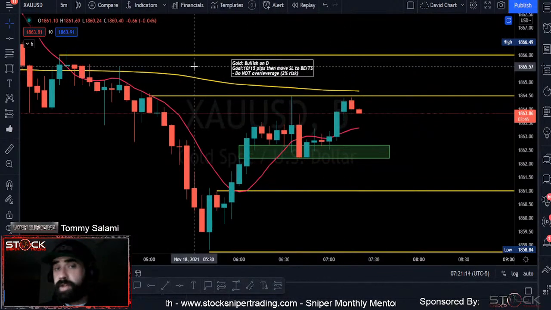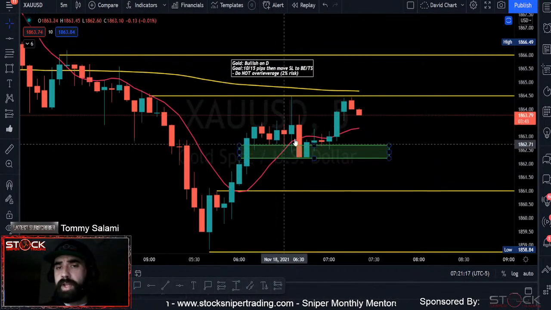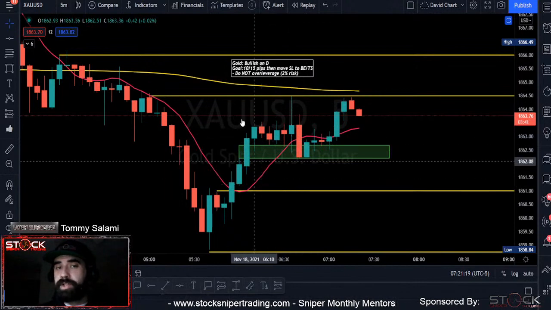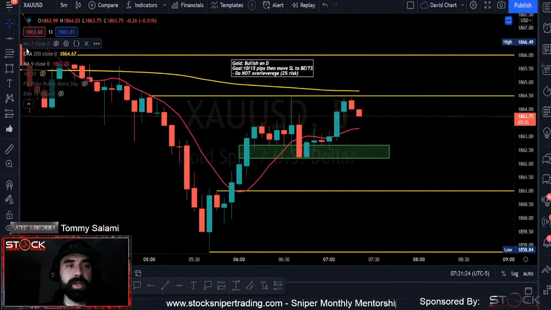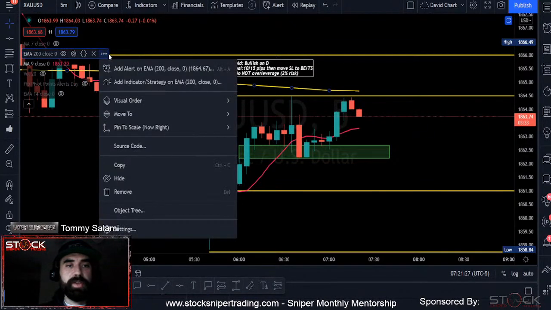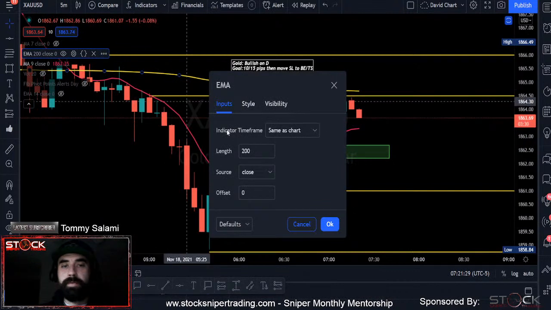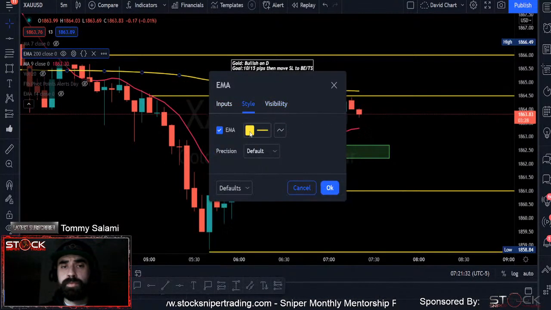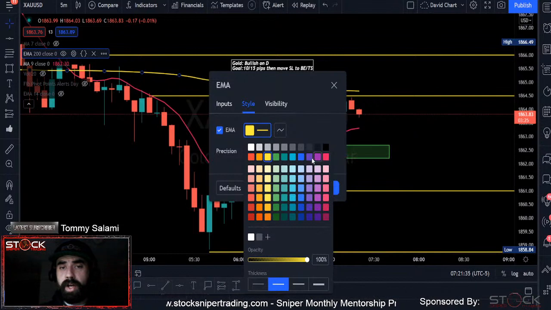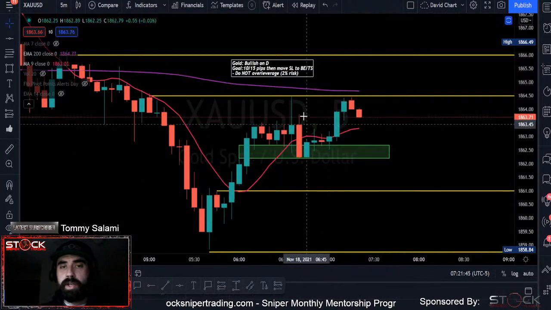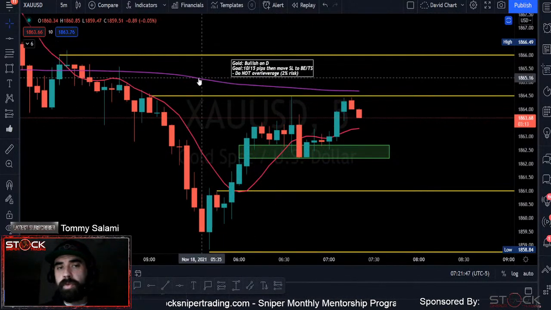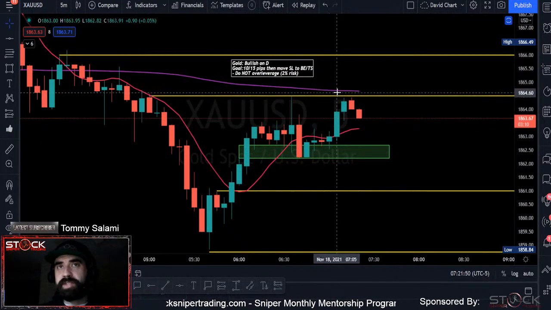Okay, so it looks very congested here. There's not too many lines. We know that it's working with the 9 exponential moving average, as well as the 200 right here in yellow. I'm actually going to change the 200 color just because it's getting a little bit congested with the overall higher time frame support and resistance. So I'm probably going to put this one orange. Okay, so purple. That's going to be our new 200 exponential moving average.